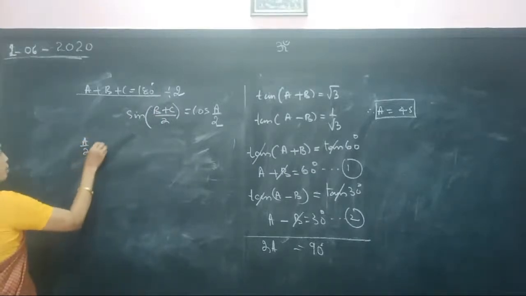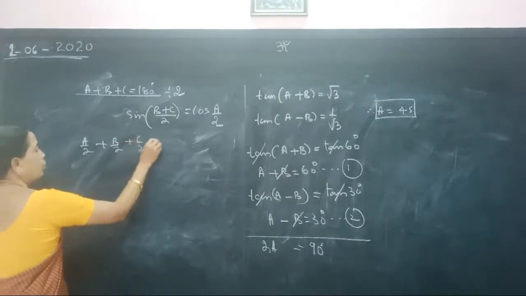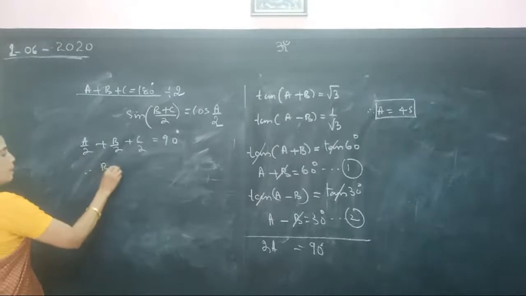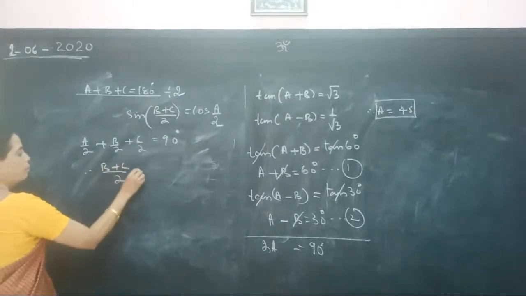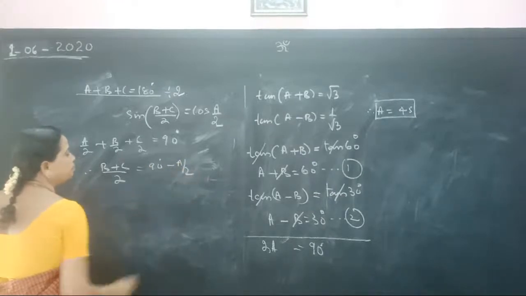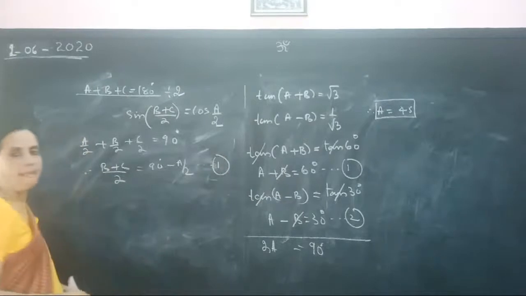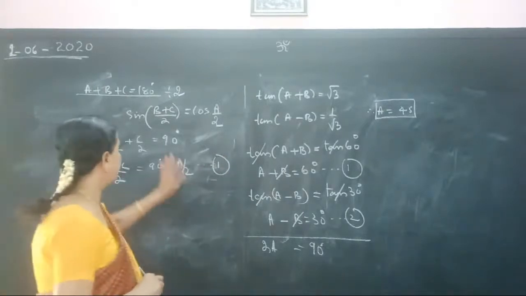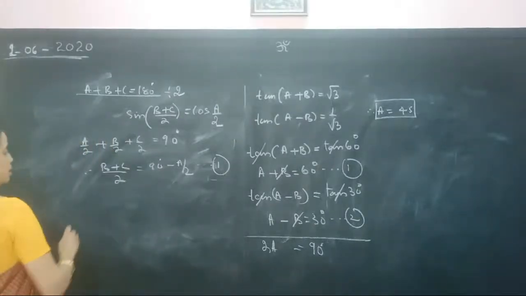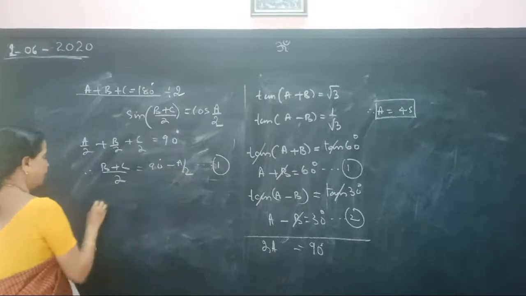A by 2 plus B by 2 plus C by 2 equals 90 degree. Therefore, (B plus C) by 2 equals 90 degree minus A by 2. This is the result. Now, applying this result to the condition, what is given in the LHS? (B plus C) by 2. We can replace (B plus C) by 2 as 90 minus A by 2.